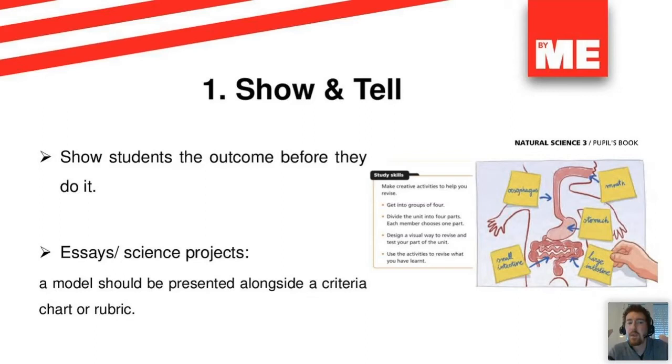They don't know what's expected, what's the marking criteria, what's in the rubric, what's an introduction or a main body or a conclusion, what does that consist of? Okay, they don't have any type of reference. And of course, with younger learners, the more visual it is, the better it is for them to comprehend.